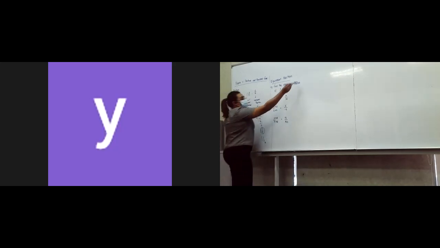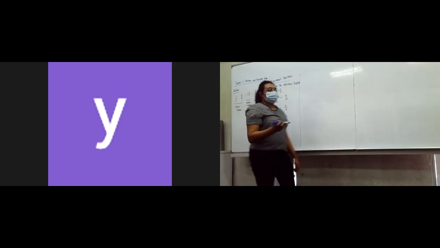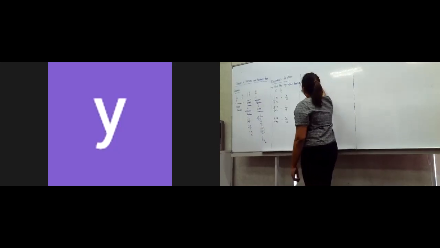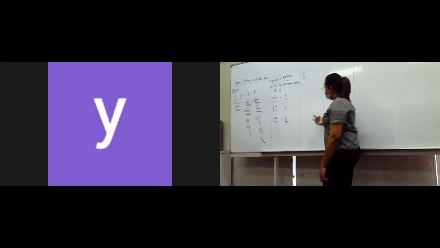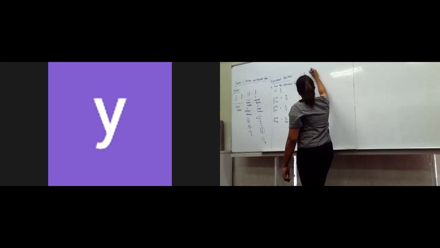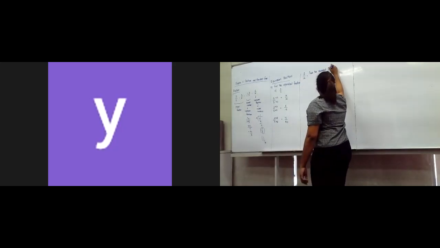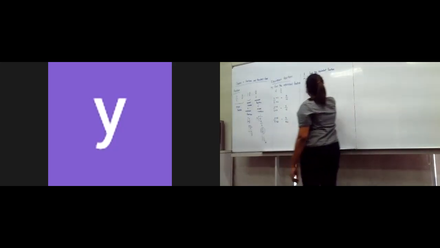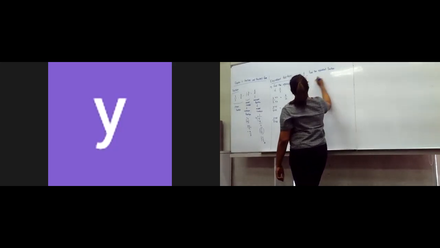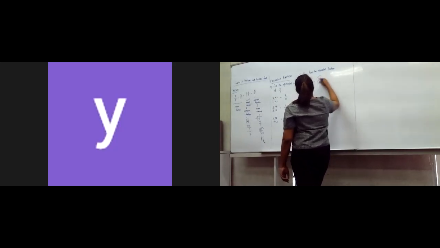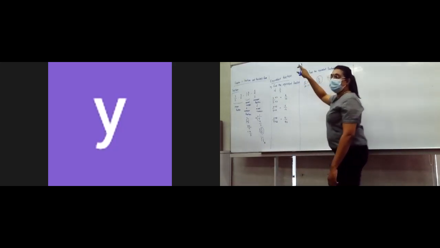Okay? Example, you have another one, which is 8 over 20. Find the equivalent fraction. Basically 8 over 20, we divide by 2. 4 over 10 is also an equivalent fraction of 8 over 20.